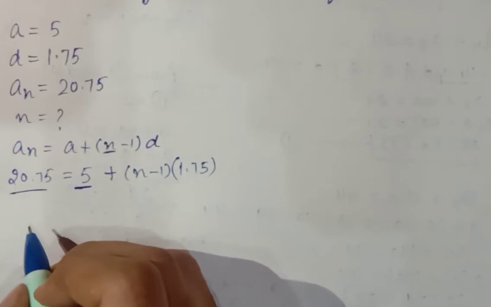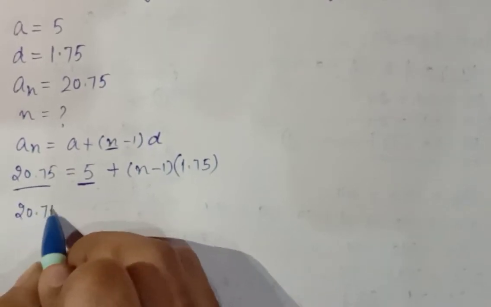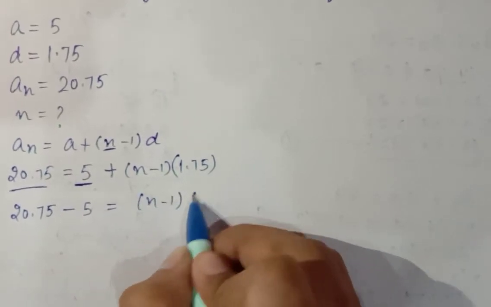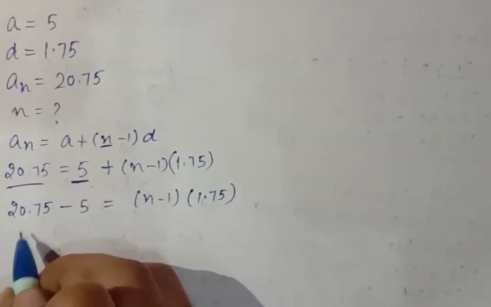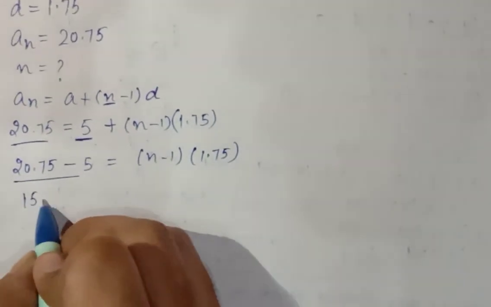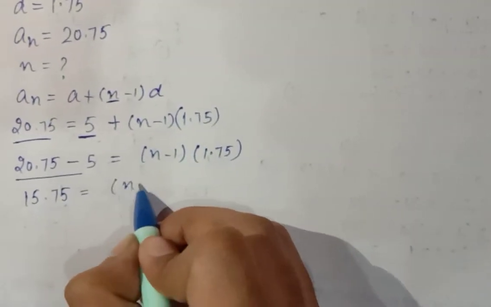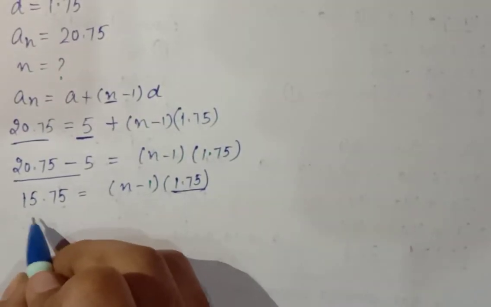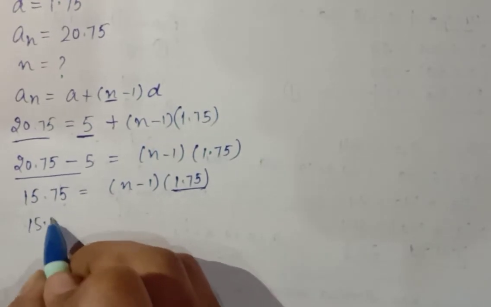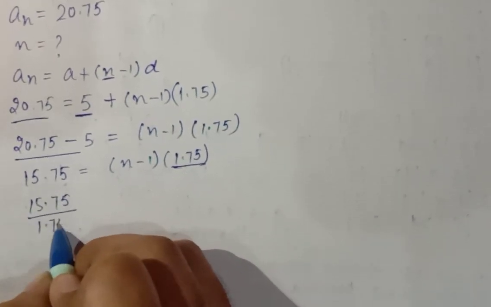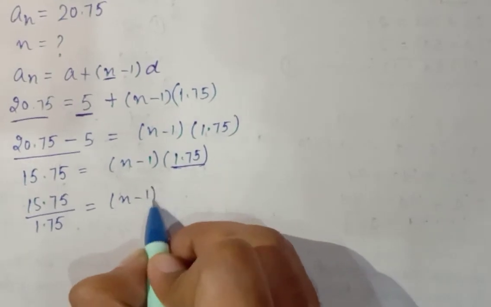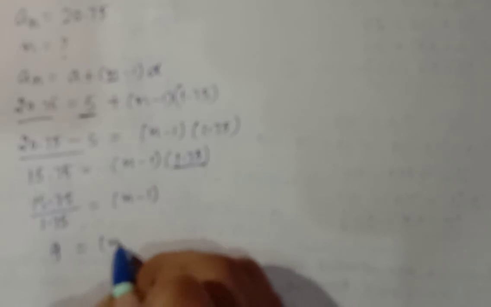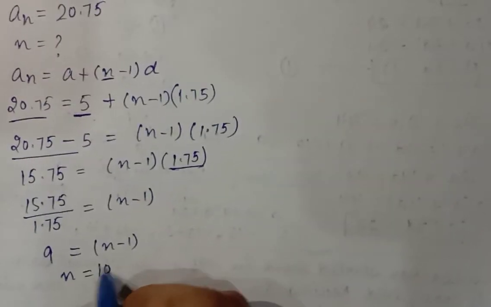So we write here 20.75 minus 5 is equal to (n minus 1) into 1.75. We get here 15.75 is equal to (n minus 1) into 1.75. This divided on the other side. So 15.75 divided by 1.75 is equal to n minus 1. We get by dividing it 9 is equal to n minus 1. Value of n is 10.